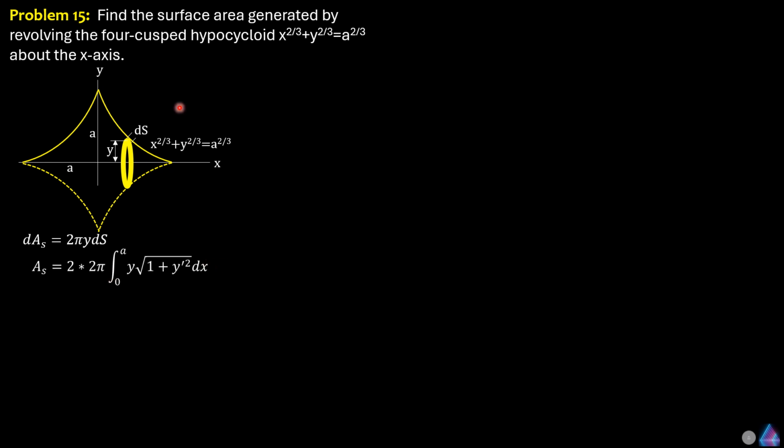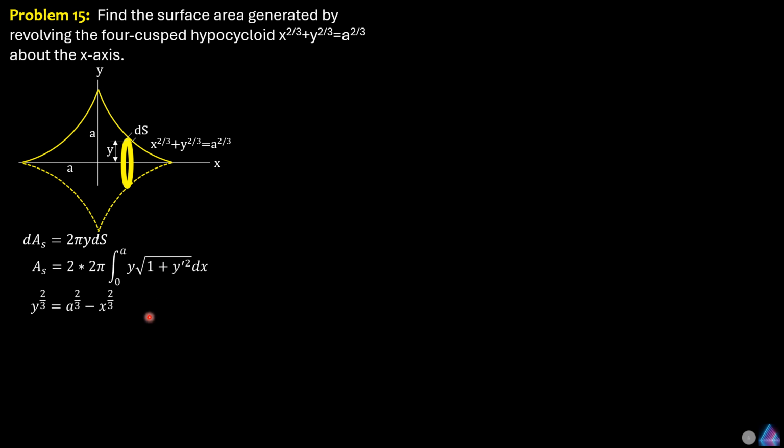Since this is the equation of the four-cusped hypocycloid, later on we'll have the parametric form and evaluate the integral. It might be simpler to evaluate than the situation here. So y to the 2/3 equals a to the 2/3 minus x to the 2/3.